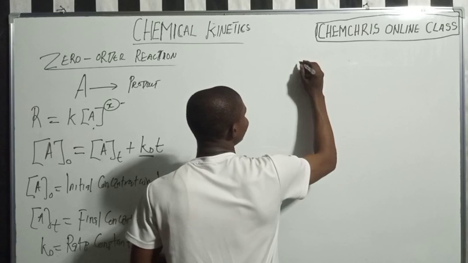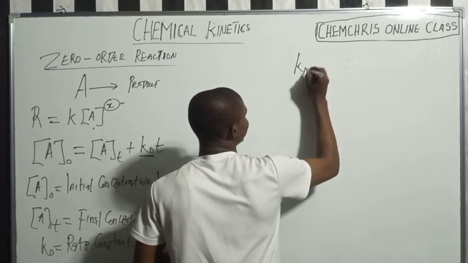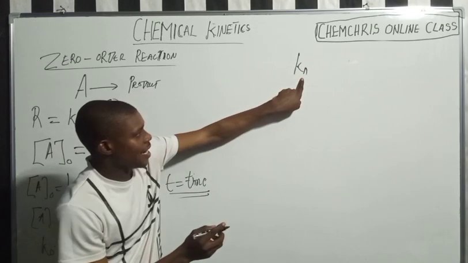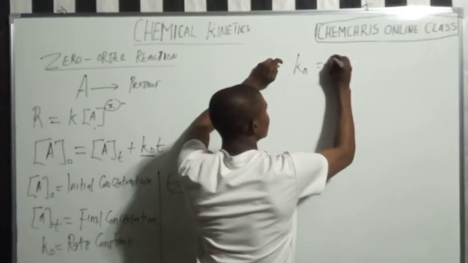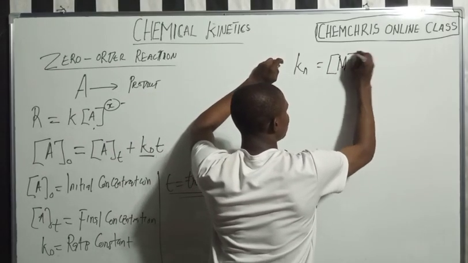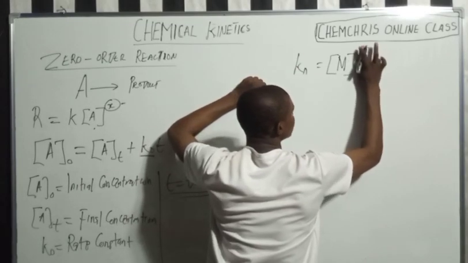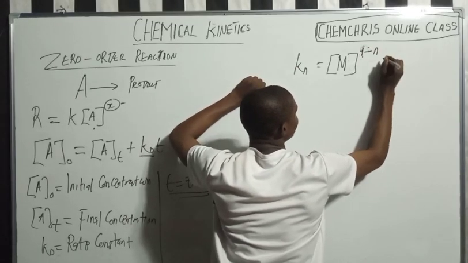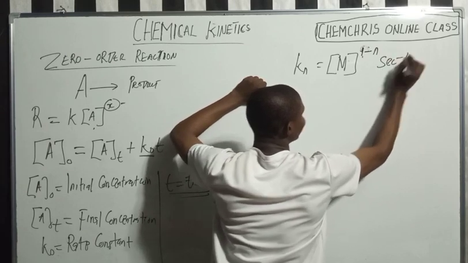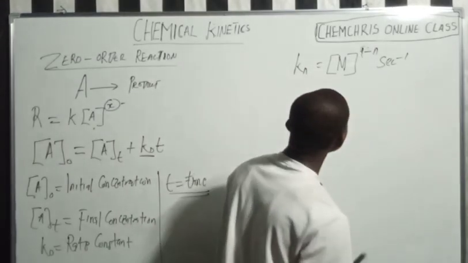You have the rate constant with order n, Kn, equals concentration, which is called molarity, raised to 1 minus n, per seconds. Please follow me closely here.